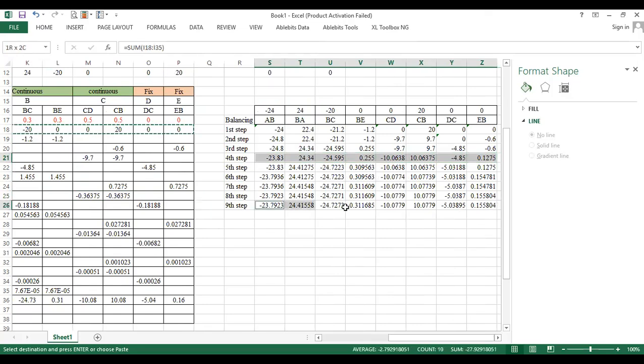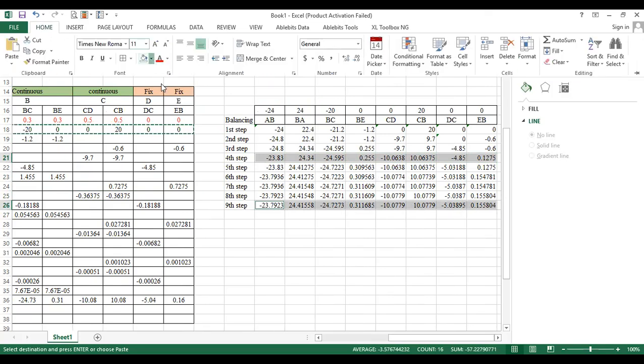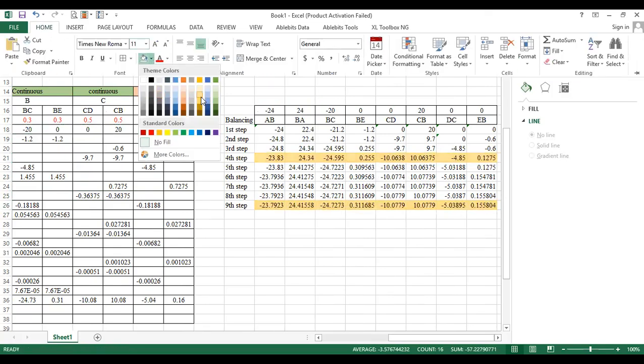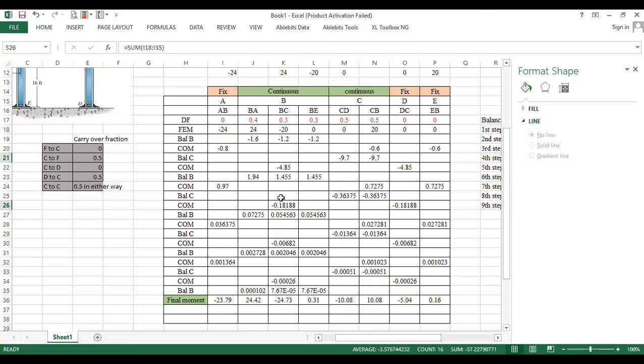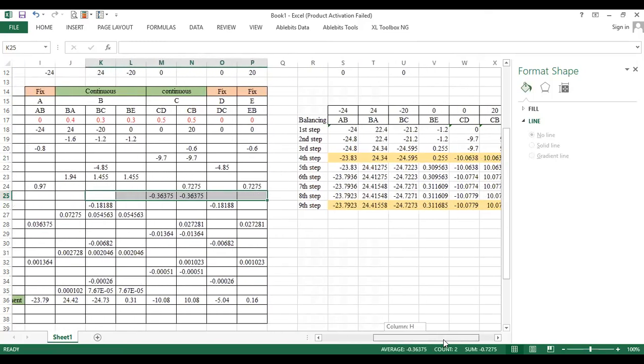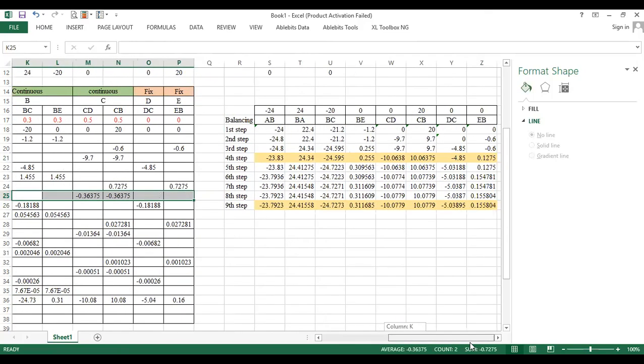You can see, even if you take to 9th step, there won't be a big difference. So that depends on your judgment whether to stop. That means compared to the original fixed moments, whatever balanced at a particular step is significantly lower or not, right?